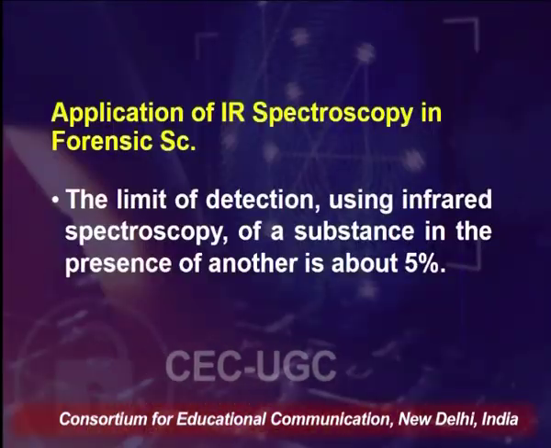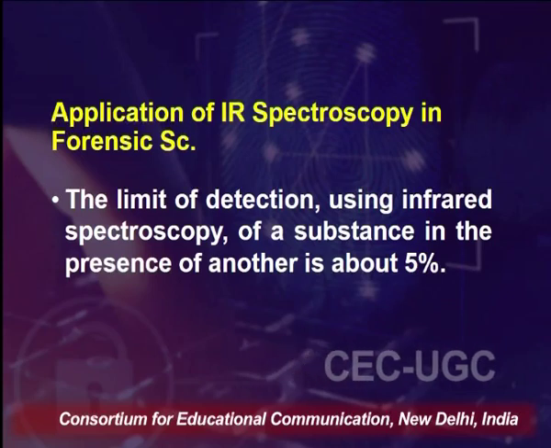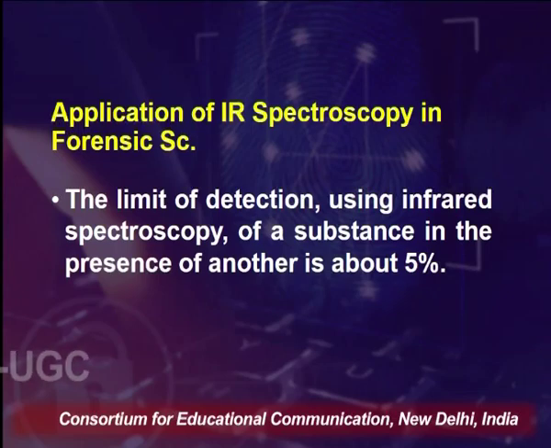Coming to spectroscopy in forensic science, the limit of detection using infrared spectroscopy for the presence of another component is about 5%. So, if 5% of a component is present in our specimen, it can be analyzed using IR spectroscopy.